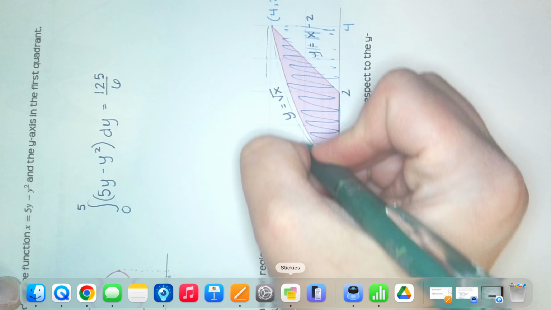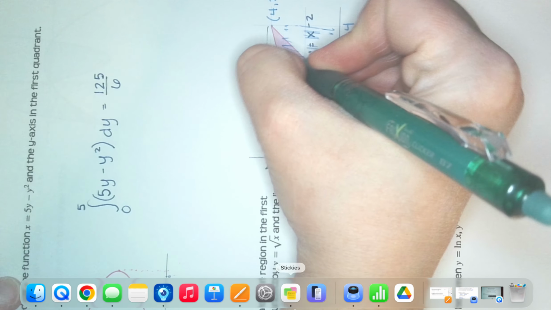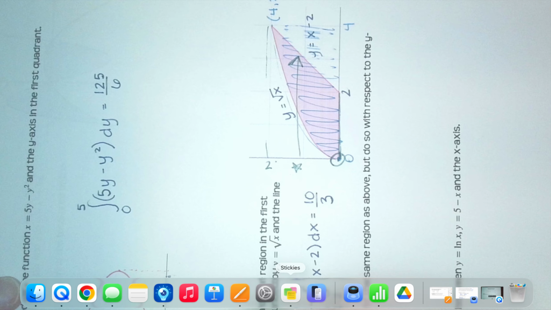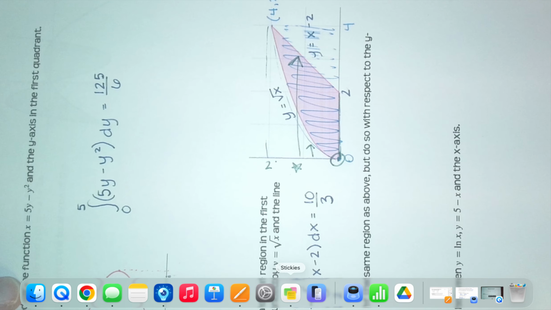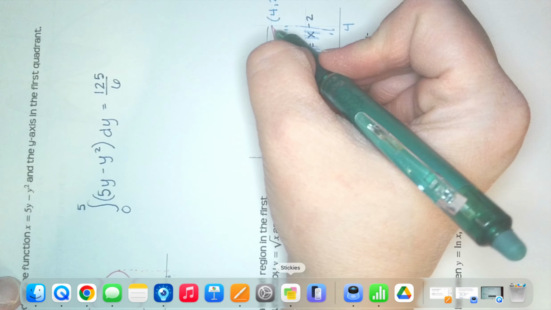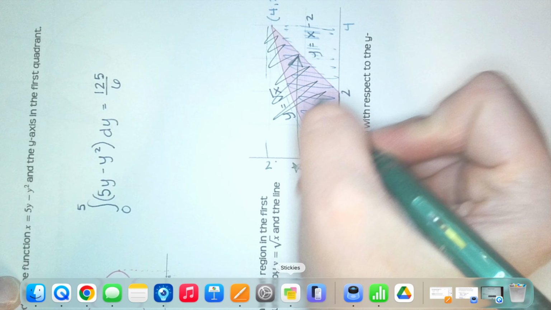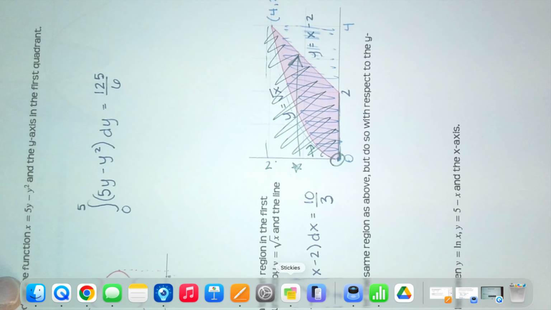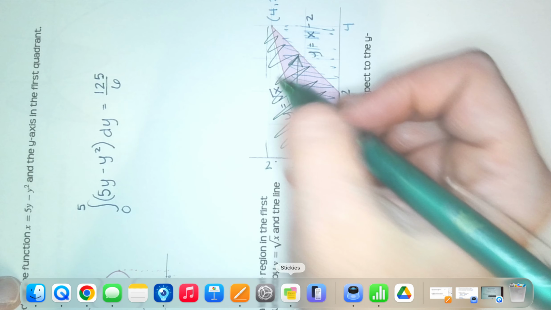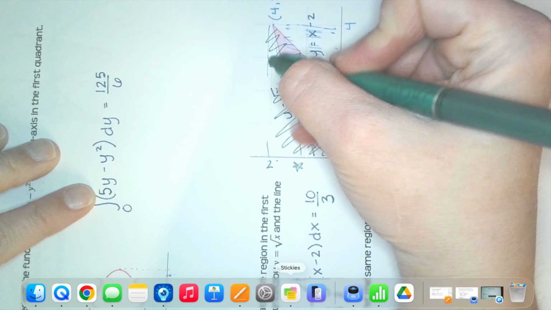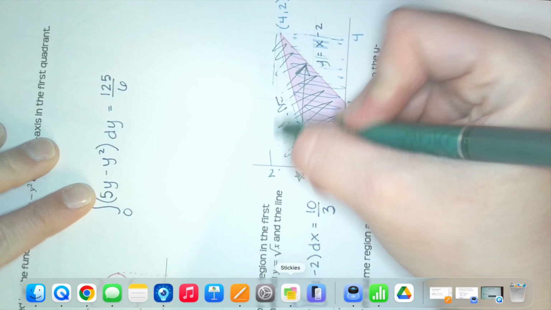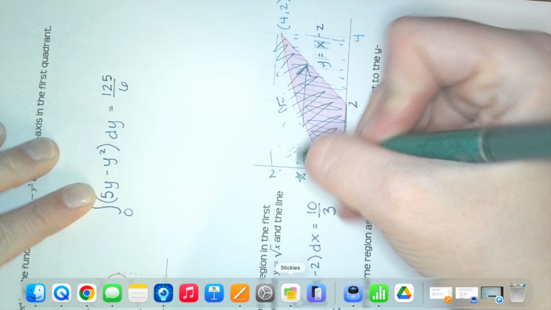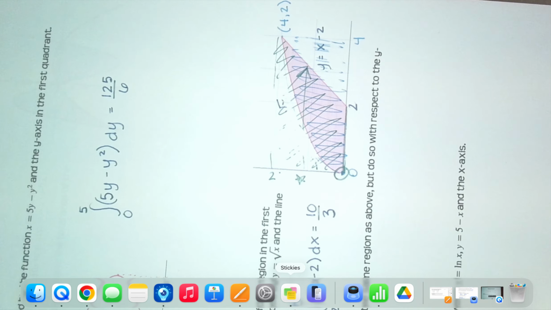The top function would be that linear function, the x minus 2, and the bottom function would be this square root function. So I could integrate everything under the line, which would be all of that. It's like a trapezoid. And then I could erase all of this, everything under the curve. Okay. So integrating with the y-axis is actually simpler because I'm not going to have to do two separate integrals.